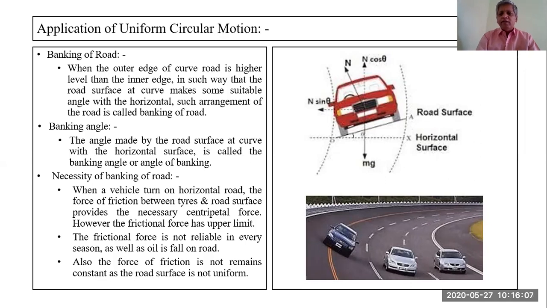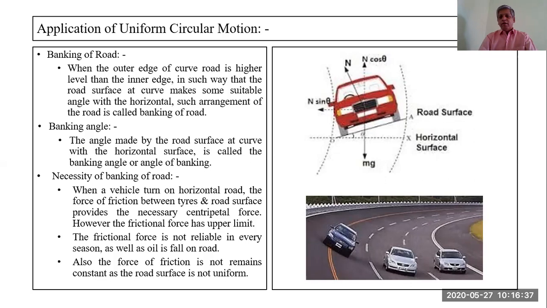So the speed limit given on the road is not reliable in rainy seasons. Also, when oil falls, the road surface becomes slippery. Also, the force of friction does not remain constant as the road surface is not uniform.